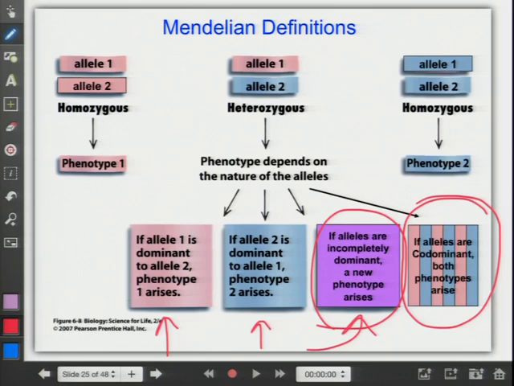It's not red, it's not white, it's a completely different phenotype. Whereas codominance, you actually see both traits. That would be like a striped parent and a spotted parent are crossed, you get striped and spotted. It's not like completely different. It's not zigzags. That would be incomplete. If both show up, it's codominant. If something completely different shows up, they call it incomplete dominant. It's just the way those alleles interact.